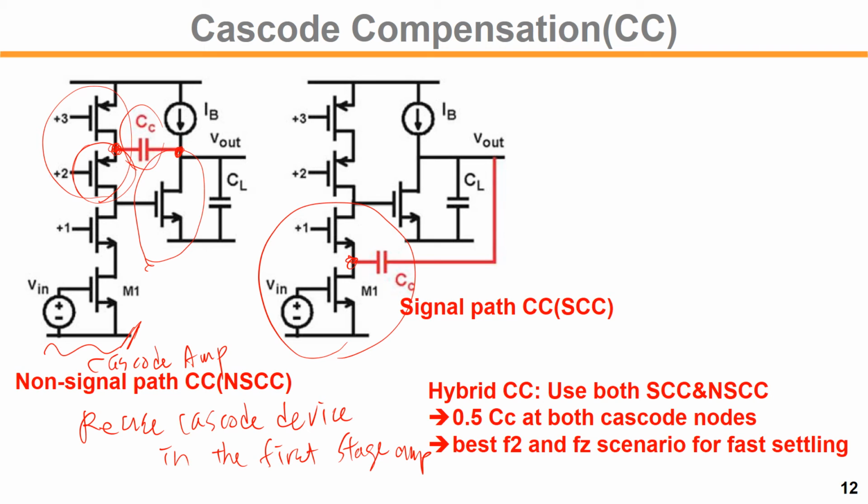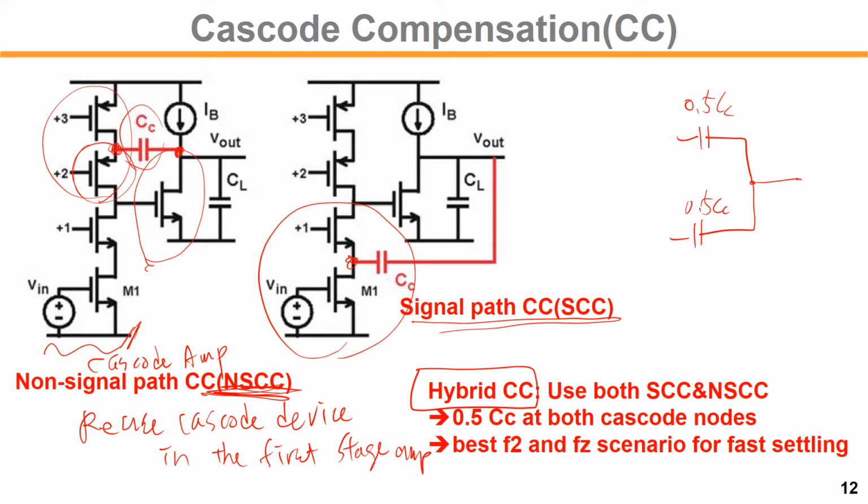So nowadays, the best performing approach is a hybrid approach, where we use both the non-signal path compensation and the signal path compensation. We put a half, 0.5 Cc, and an additional 0.5 Cc. This is the output.